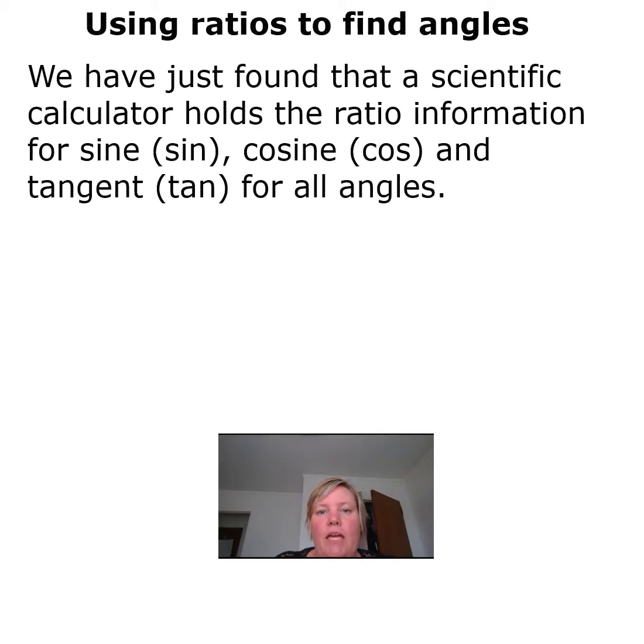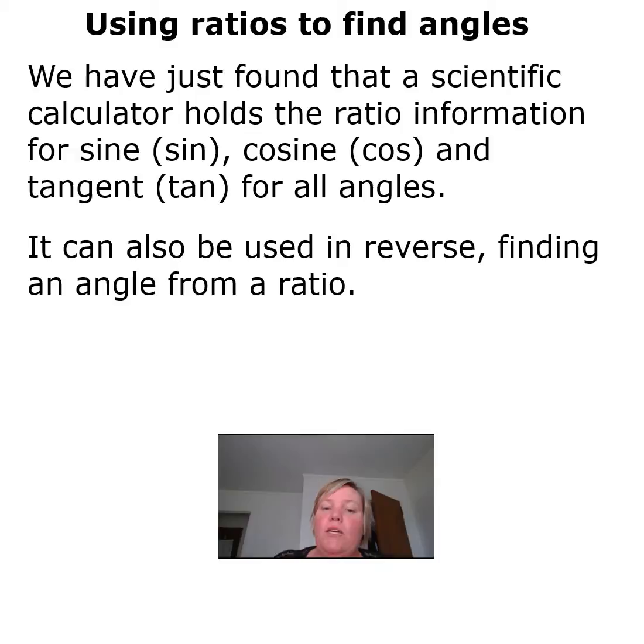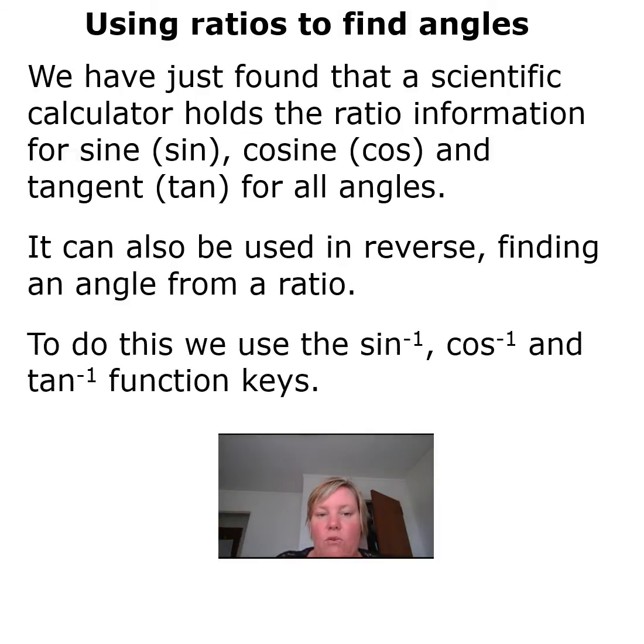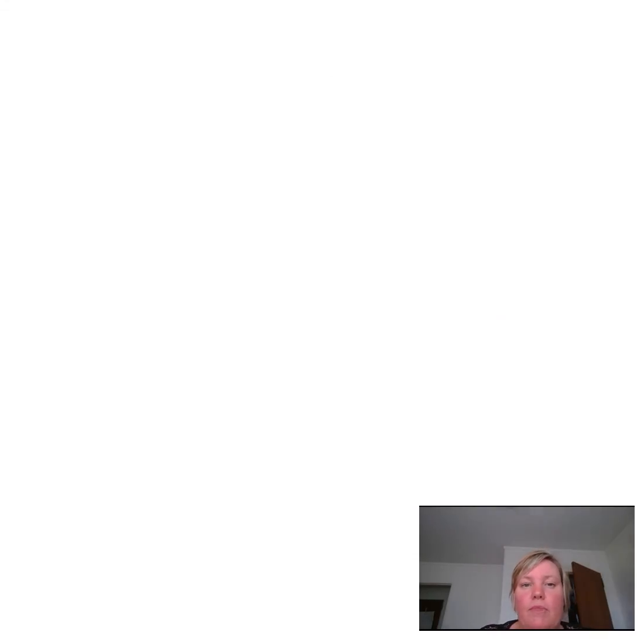Now, we've just found out that the calculator holds all the information for sine, cos, and tan for all the angles. It can also be used in reverse to find an angle. To do this, you notice that there's a -1 on the sine, the cosine, and the tan here. That means you're going to have to press shift on your calculator. For those with a Sharp calculator, just check it. Maybe it's the alpha, that blue button you need to press, but we'll check it out in the morning.